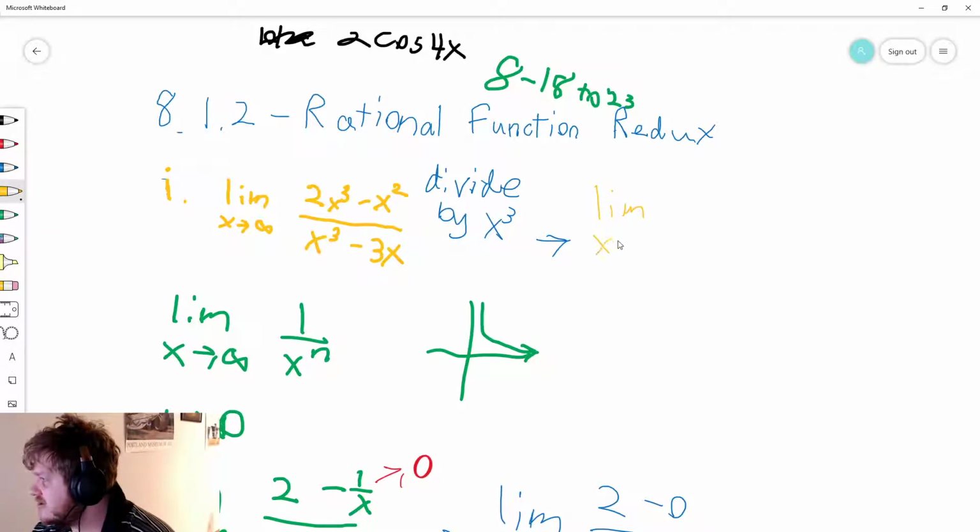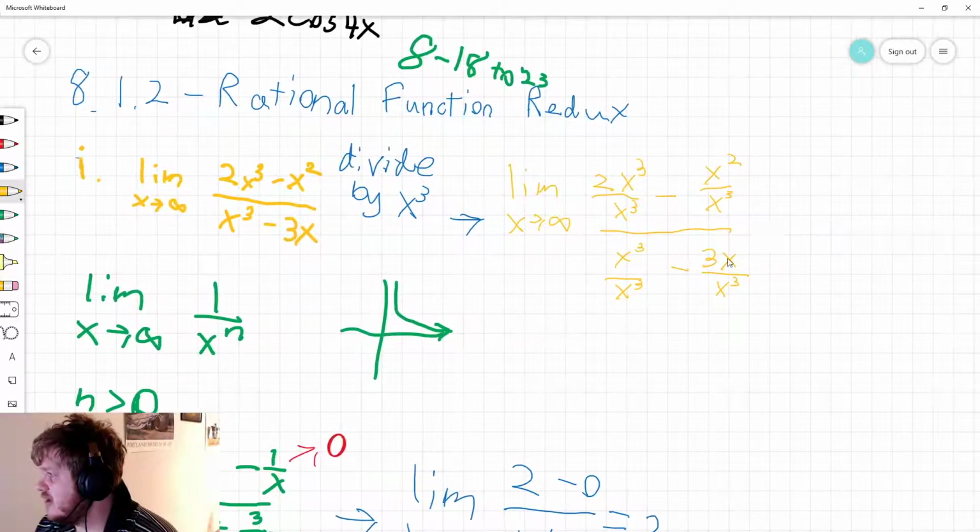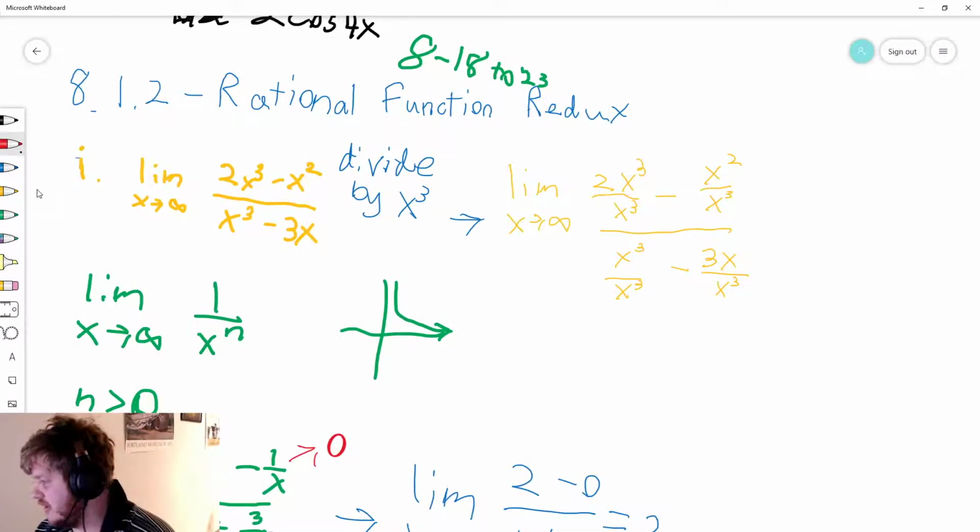So we have the limit as x approaches infinity of 2x cubed over x cubed minus x squared over x cubed, divided by x cubed over x cubed minus 3x over x cubed. And so when we do this, each term becomes a new term with a fraction on it.